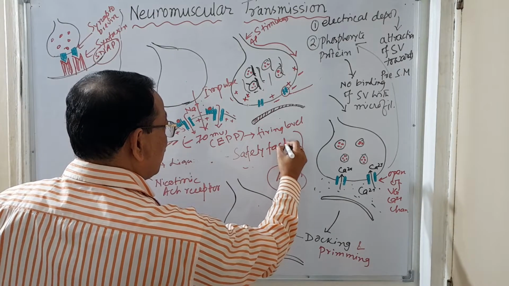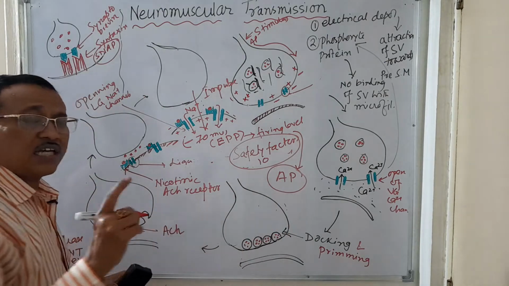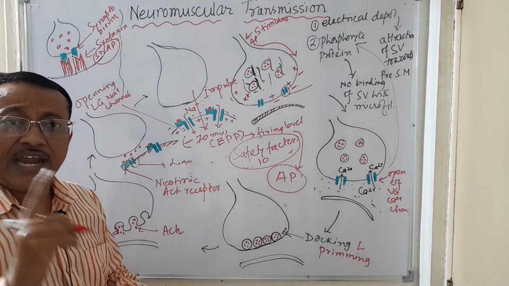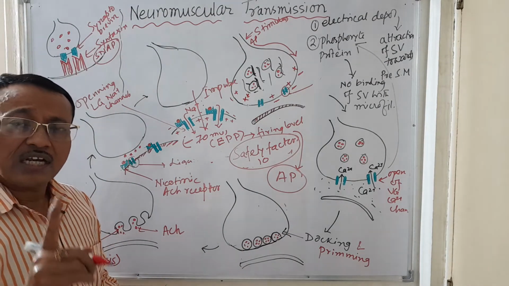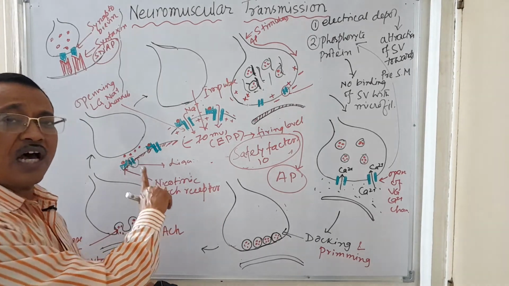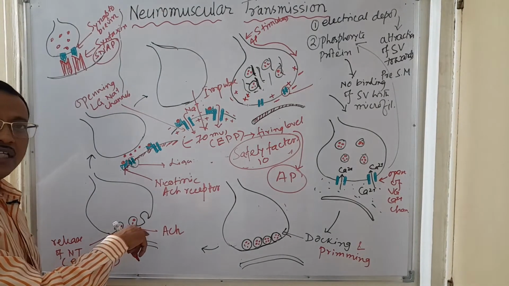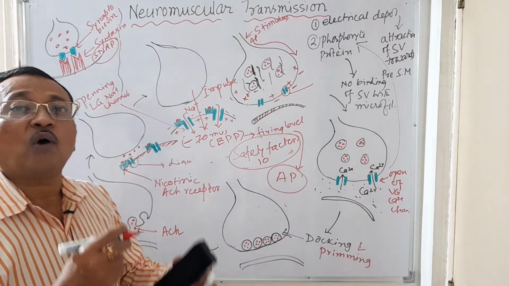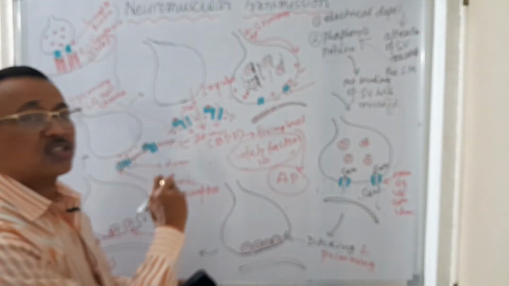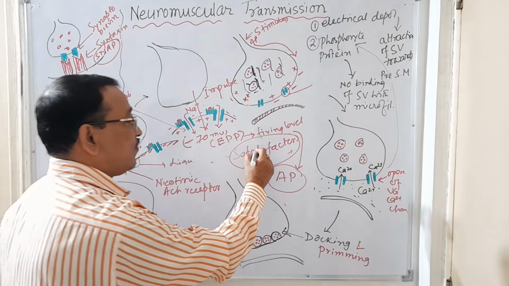That means 10 times the release of acetylcholine from the synaptic terminal than the requirement to produce the end plate potential. So this is the factor that is known as safety factor 10.